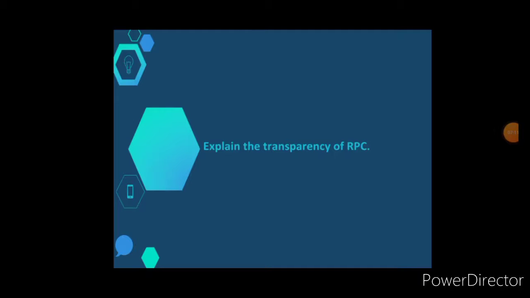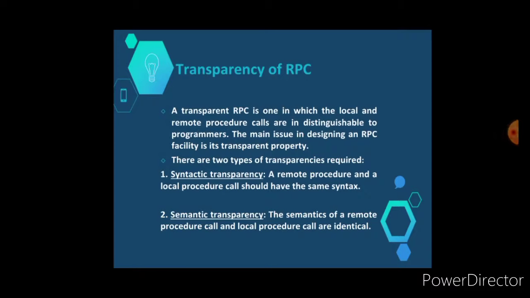Another concept is transparency of RPC. Transparency means that local and remote procedure calls are indistinguishable to programmers. The main issue in designing an RPC facility is its transparency property. Transparency is of two types: syntactic transparency and semantic transparency.